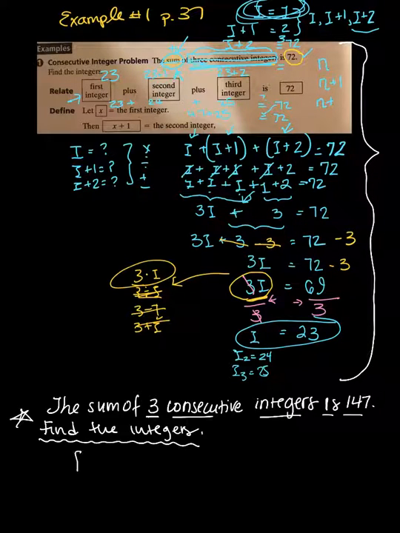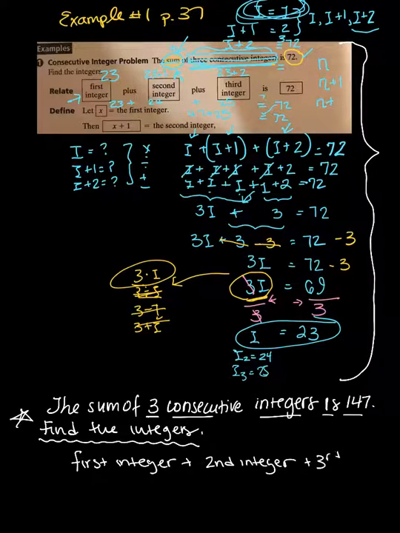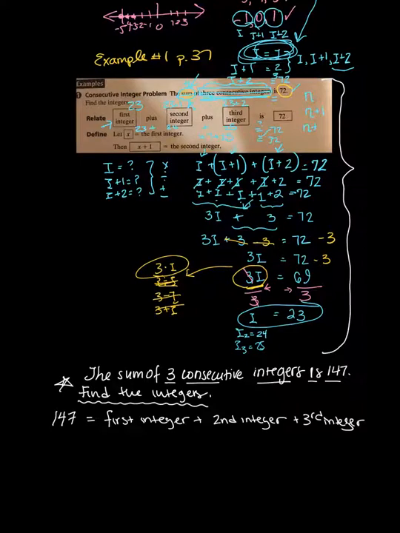It's going to be my first integer plus my second integer plus my third integer, and they're all going to equal 147. Alright, see if you can solve this, and make sure to bring in your work tomorrow. Press pause, unpause me when you're done.